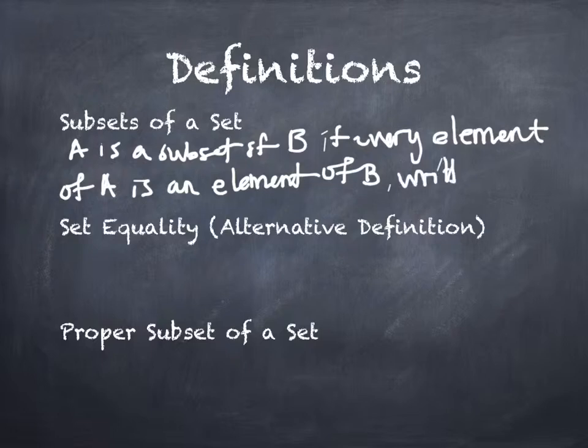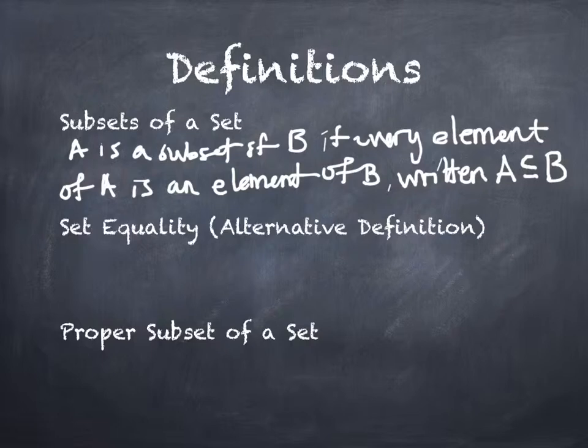So this is written A, it looks kind of like a sideways C, you put a line underneath it as well, B. We can read this as A is a subset of B. Sometimes I'll also end up reading this as A is contained in B, because that's sort of a visual imagery of what this would look like.